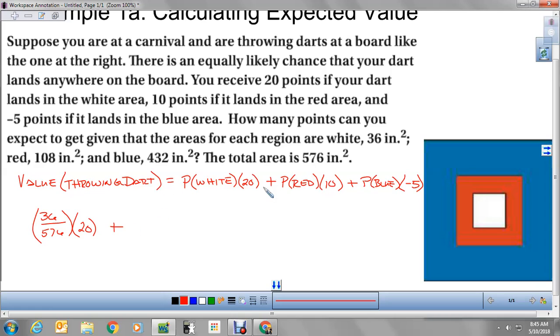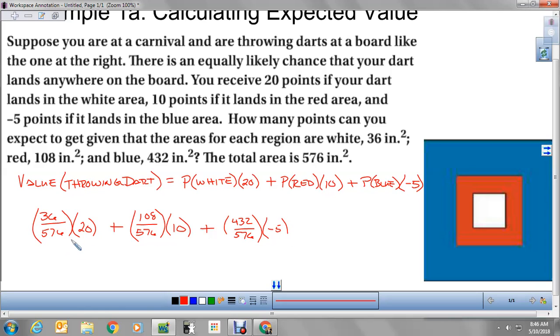Then we'll take the probability of red: the red has an area of 108, we divide it by 576, and multiply that by 10. And then the last one, the probability of the largest area, which is 432, divided by 576, multiplied by -5.